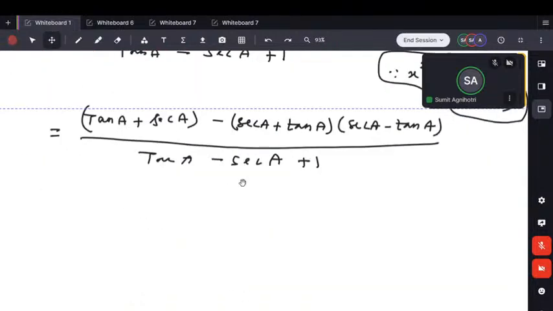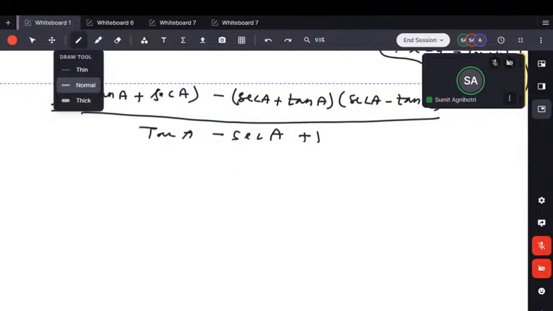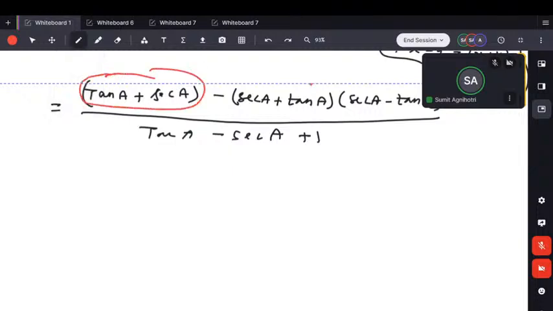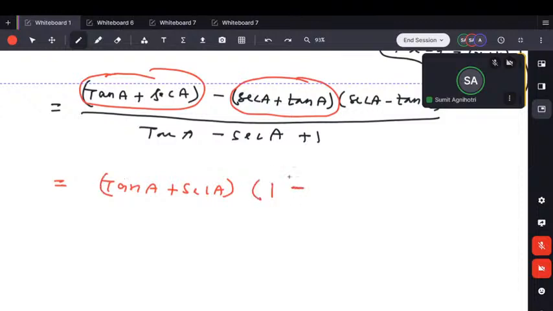Now we will take some common if we can. And this entire value and this entire value seem to be the same in both terms. That's why we can take this tan A plus sec A common. We are left with 1, and minus is here.